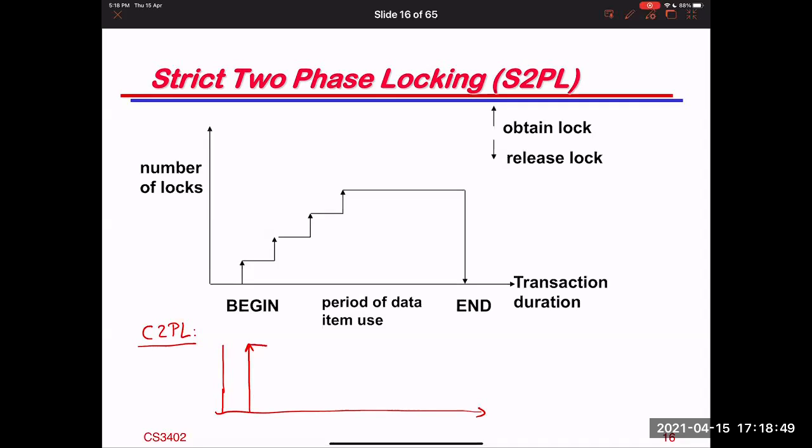And then what's going to happen? Well, I only have a shrinking phase over time. Of course, these should be straight lines, but my drawing on the tablet isn't that great. So the difference is that conservative two-phase locking has only a shrinking phase until it ends. It doesn't have a growing phase.